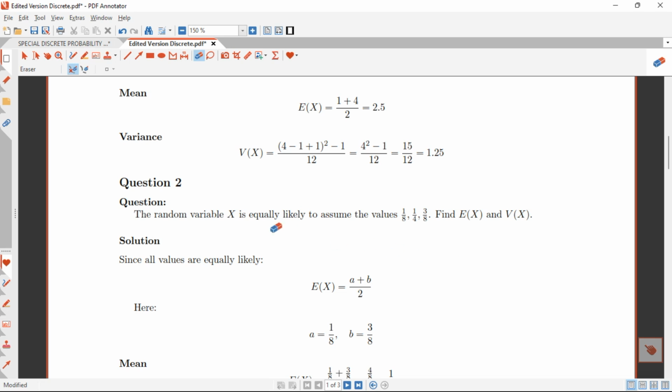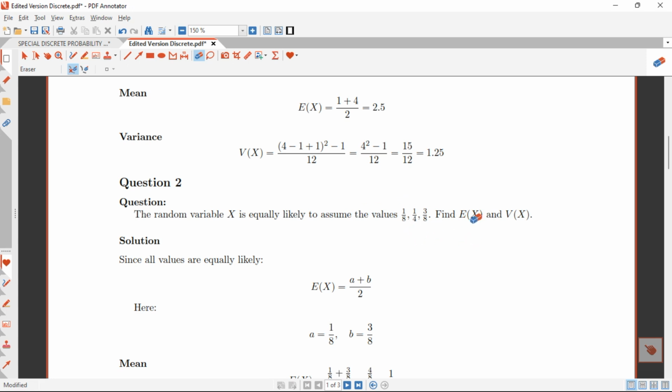So our second question here says that the random variable x is equally likely to assume the values 1 over 8, 1 over 4, and then 3 over 8. It says we should find the expectation of x and the variance of x. So these are the values being assumed by this random variable, right? Yes.